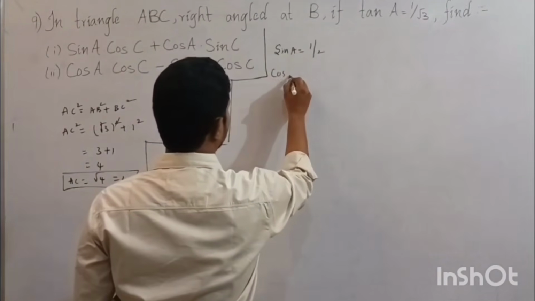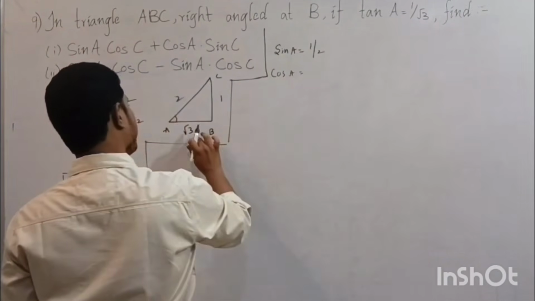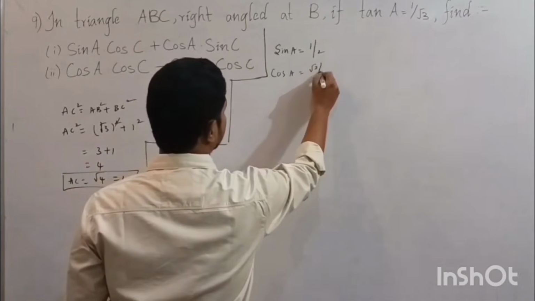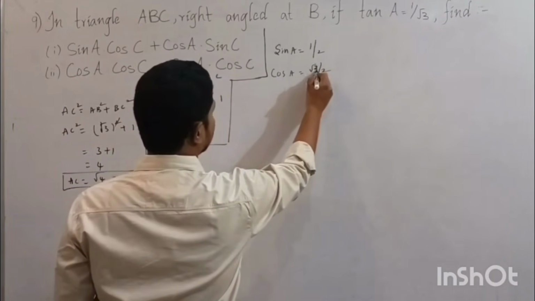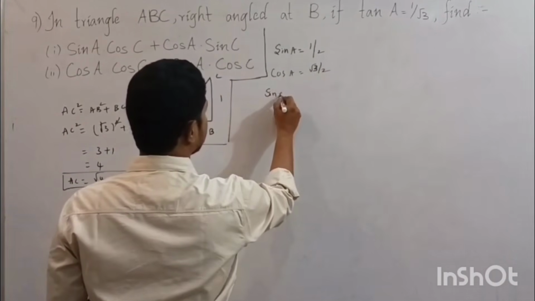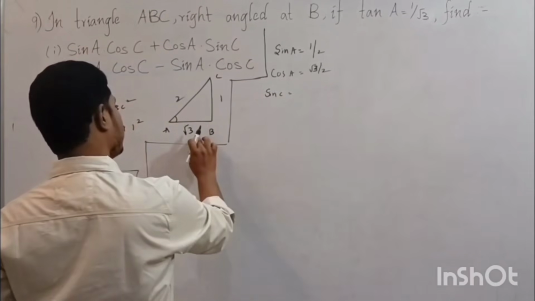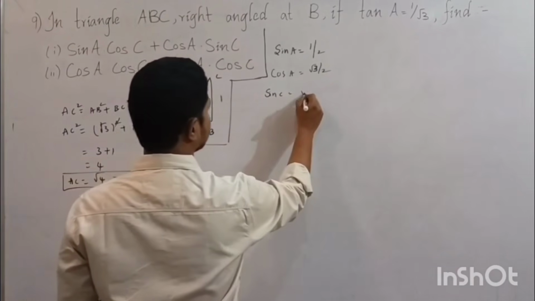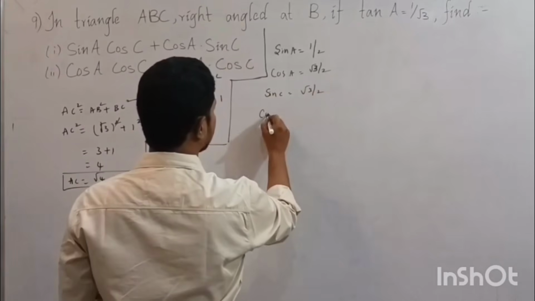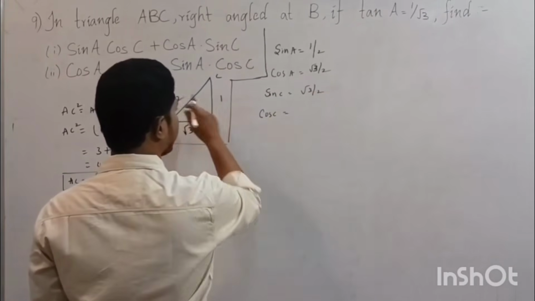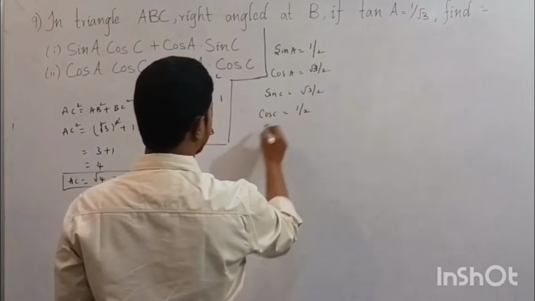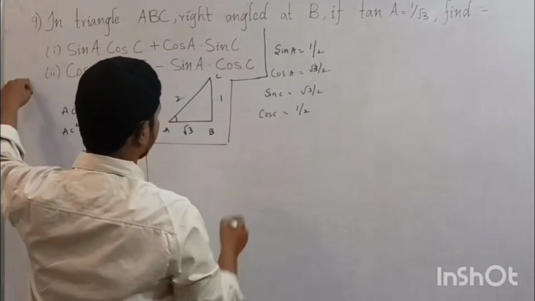What is cos A? Cos A is equal to root 3 by 2. Then, what is sin C? Sin C is root 3 by 2. What is cos C? Cos C is 1 by 2. Now it is easy for us to find question number 1 and question number 2.